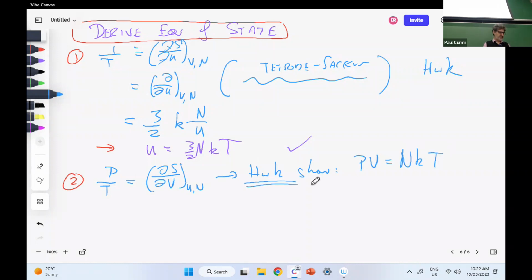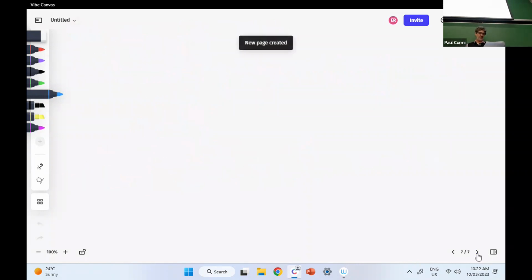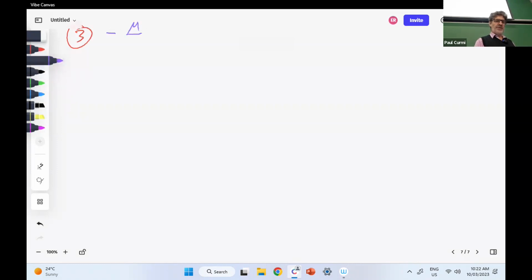Please do it. I will do the third one because we've never had an equation for the chemical potential of an ideal gas. So 3 is that minus the chemical potential over T is defined as the derivative of entropy with respect to the number of particles, at constant energy and constant volume.